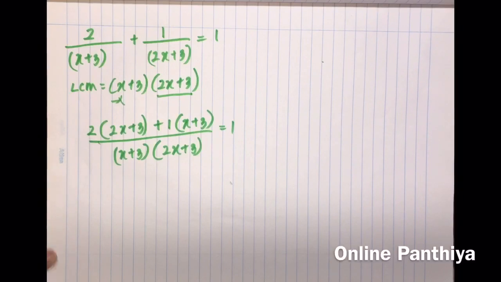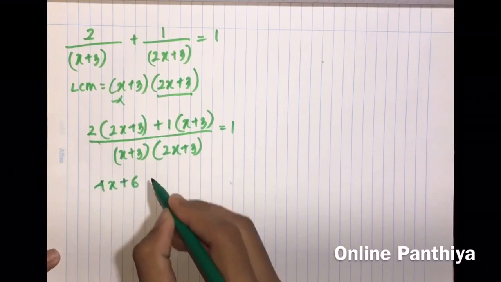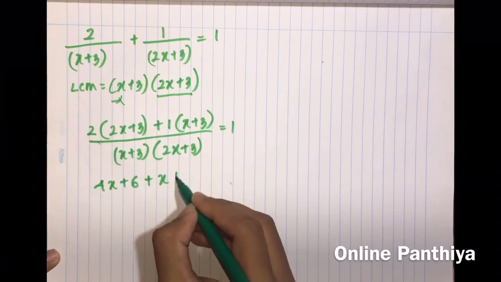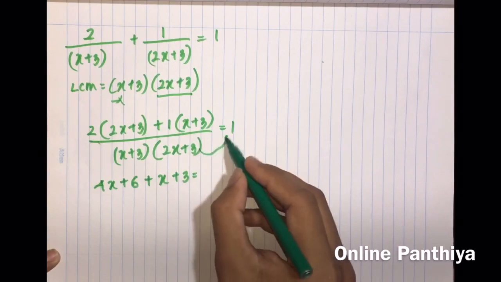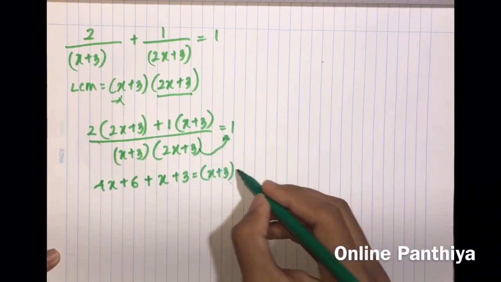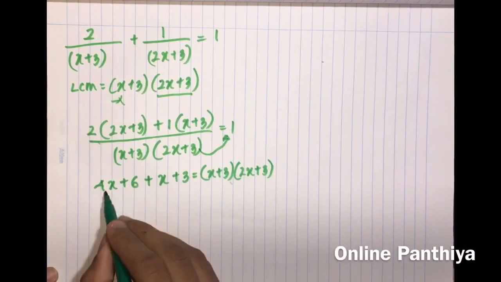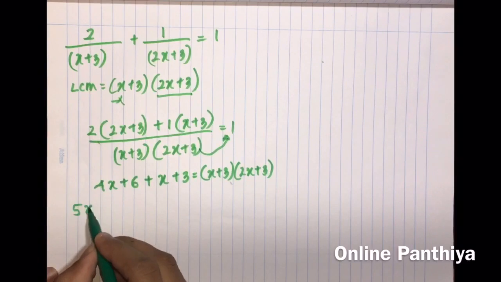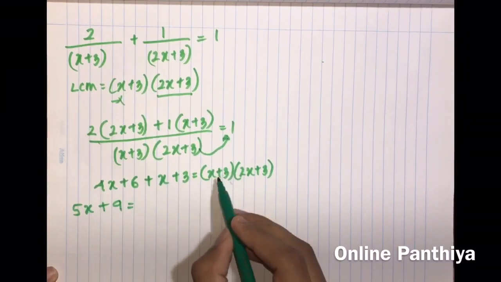Now solve the numerators. 4x plus 3 dash 6 plus x plus 3 equals, now take this to the other side. There you have x plus 3 and 2x plus 3. Let us solve. 4x plus 1 is 5x plus 9 is going to give you, how to solve this?